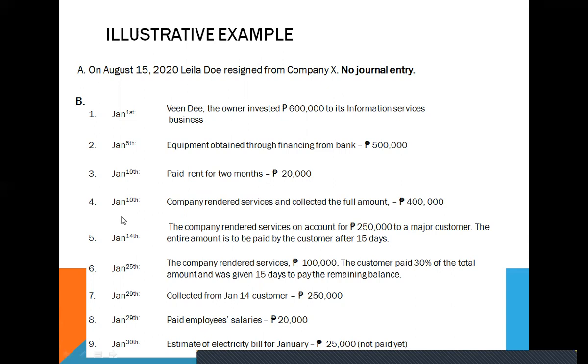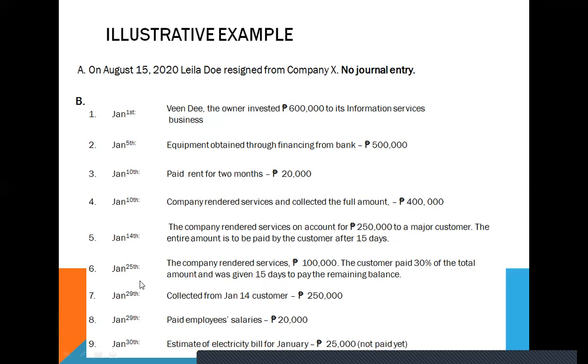January 10th again, the company rendered services and collected the full amount of 400,000 pesos. January 14th, the company rendered services on account for 250,000 pesos to a major customer. Now the entire amount is to be paid by the customer after 15 days.